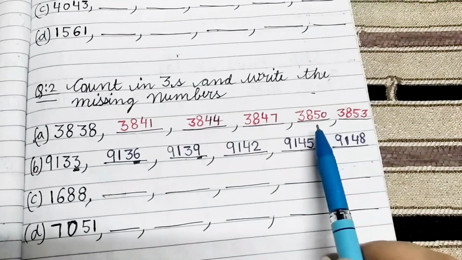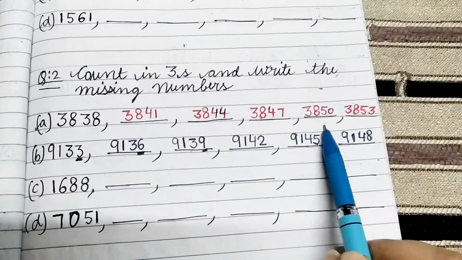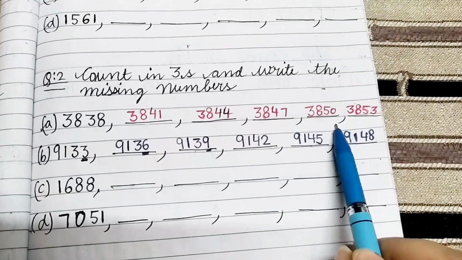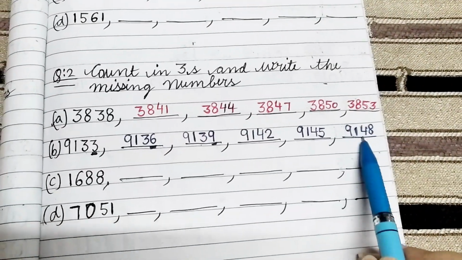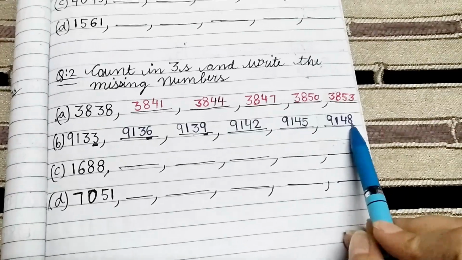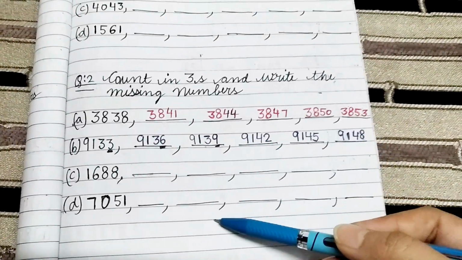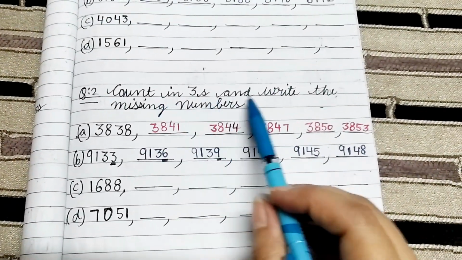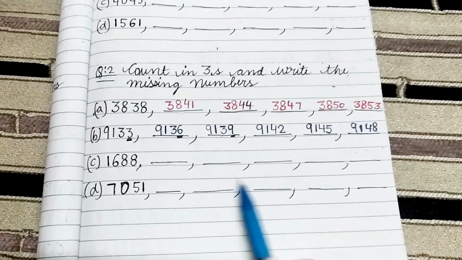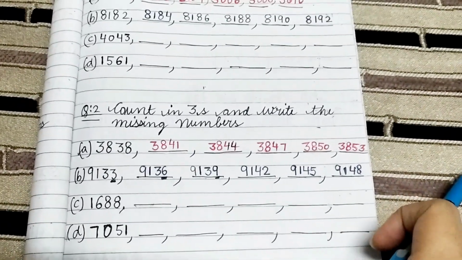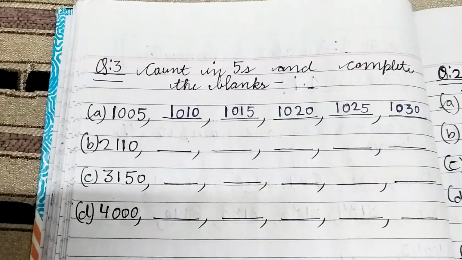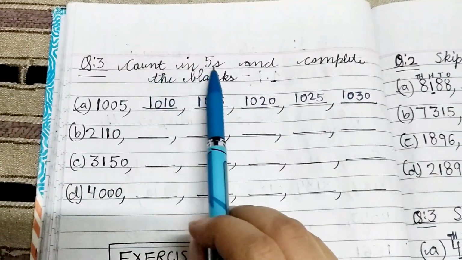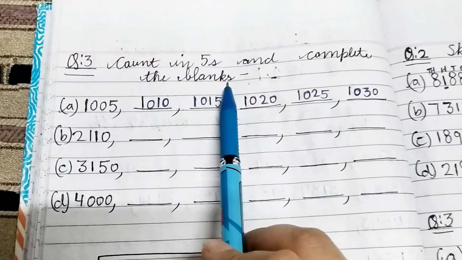Okay. Then 9,146, 9,147, 9,148 will come. So like this you will try C and D parts also. You have to count in threes and write the missing numbers. Okay. So let's proceed. So children, now you have to count in fives and complete the blanks.